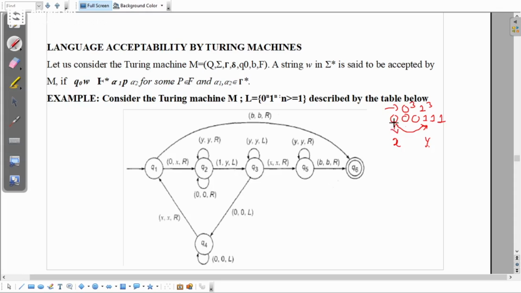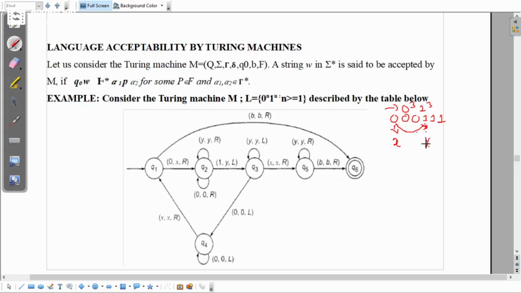What I am going to do is, the 0 that I get for the first time will be replaced by x, and then I will move the read write head to the right until I get 1.